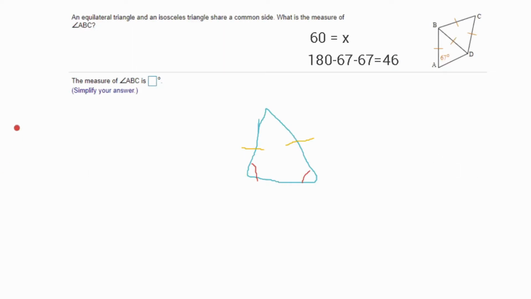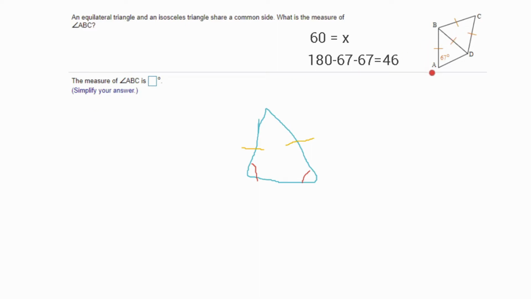But we want the angle ABC, and B is the middle point. So here we start at A, and then we go to B, and then we go to C. But that only encompasses this triangle. What about this triangle? Well, we know that this angle right here is 60, like all the angles in the equilateral triangle.